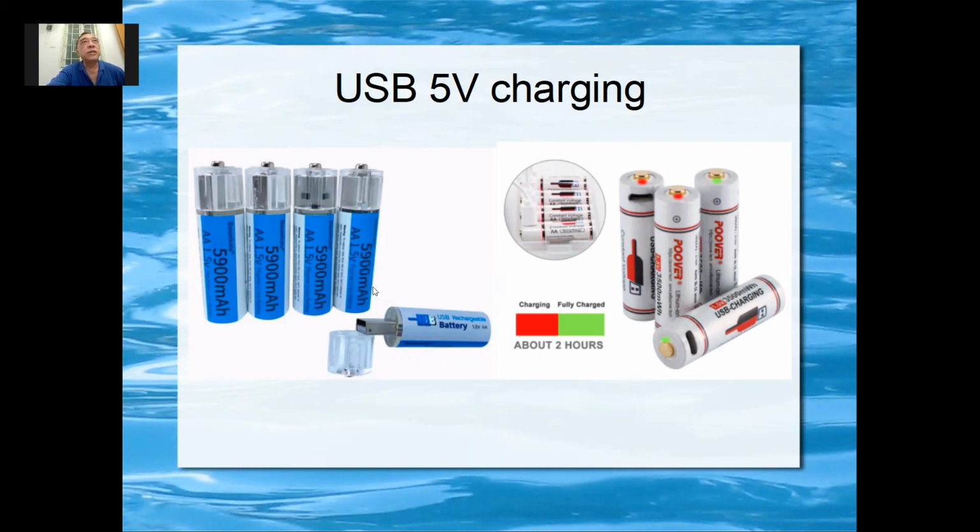There are electronics inside that will convert it to 1.5 volt. Then to charge, you just open up the cover and plug into a USB. But if you use a USB-C, then you must find an adapter for USB-C to USB, then you can plug in. So if your battery is flat, you can go on the MRT or in the aeroplane, sometimes they have chargers, or some buses have chargers, or hotels have USB chargers. Just plug it in, you can charge your battery already.